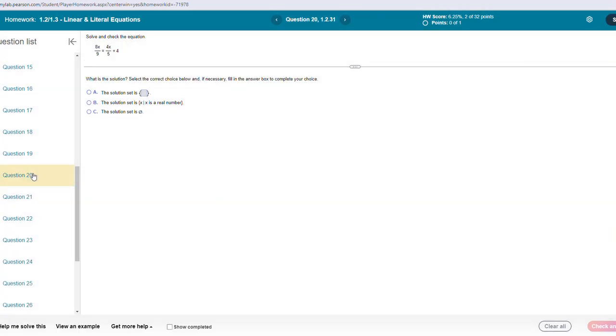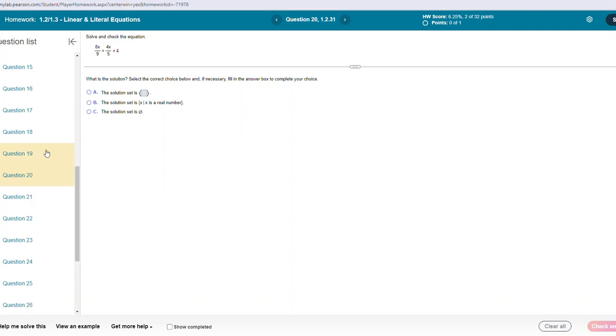Yeah, what's the LCD? Find the smallest number that 9 and 5 will go into. 45. So you can multiply both sides by 45 and go from there.